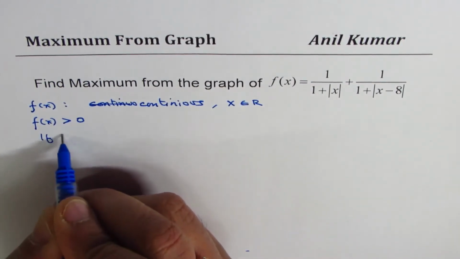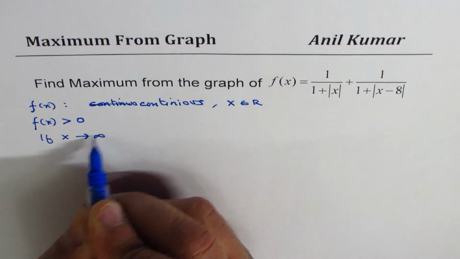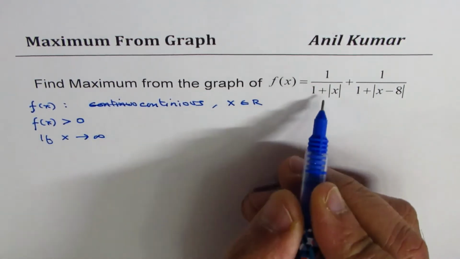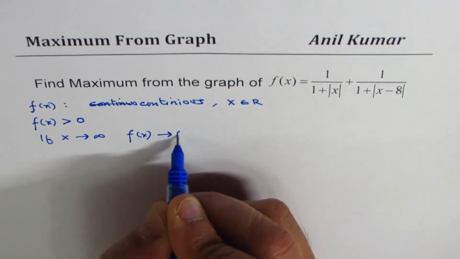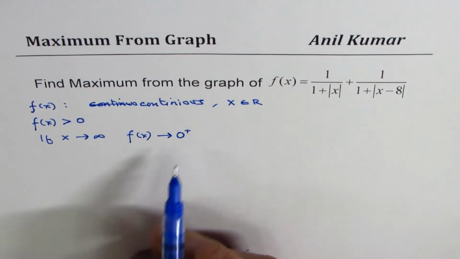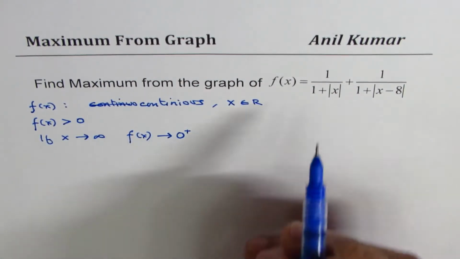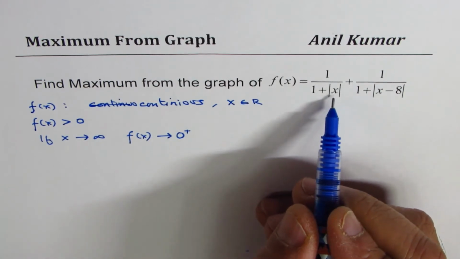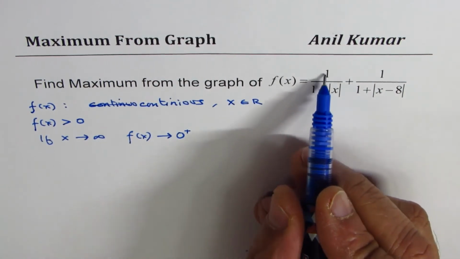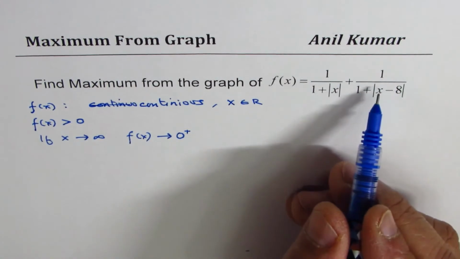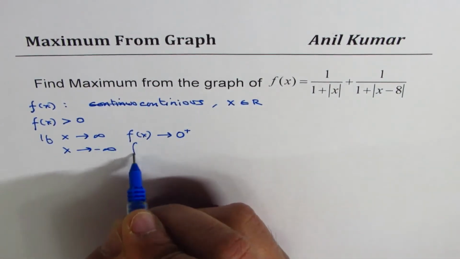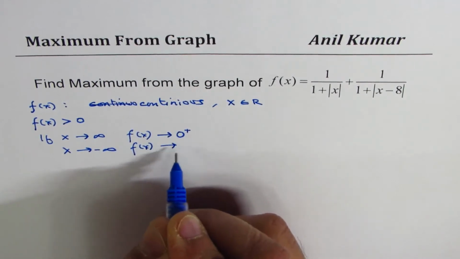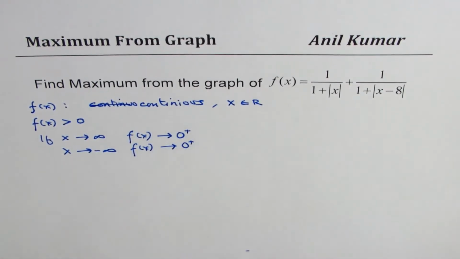If x is a very large negative or positive value, then what happens? Then f of x will be approaching 0, but from the positive side, correct? If I write a value of x which is, let's say, 100 or 1000, you'll get a small value but both positive. Even when x is a very large negative value, the function f of x will again approach 0 from the positive side.